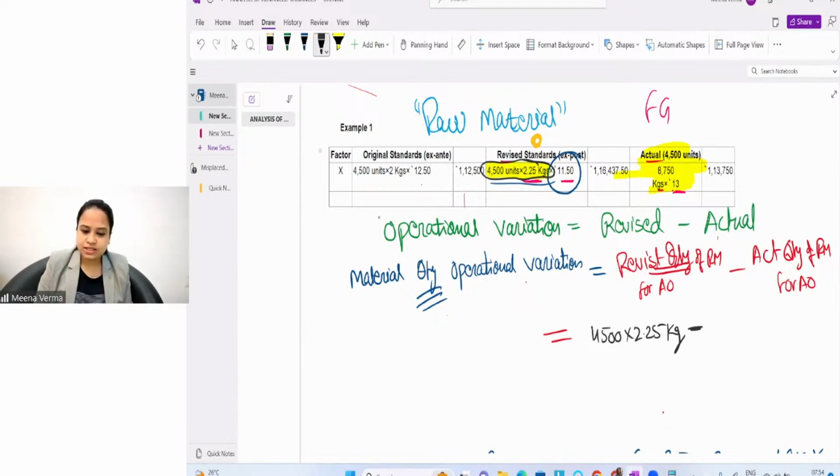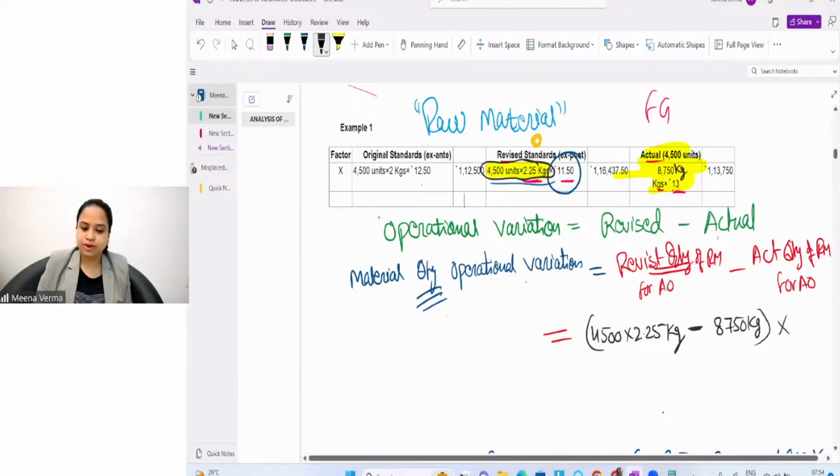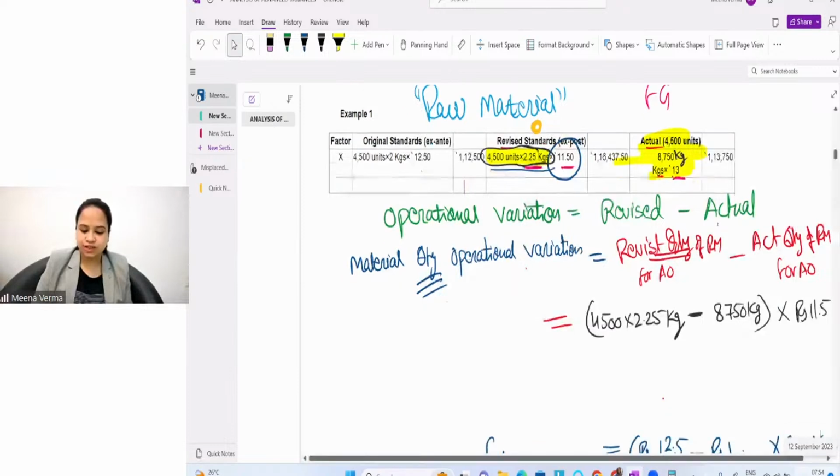Kitni hai? This is the actual quantity, 8750. This is the actual quantity into the standard price, which will be rupees 11. If you solve it, you will get material quantity operational variation.